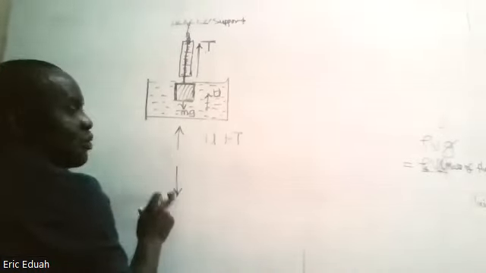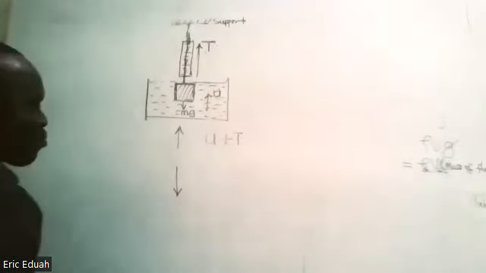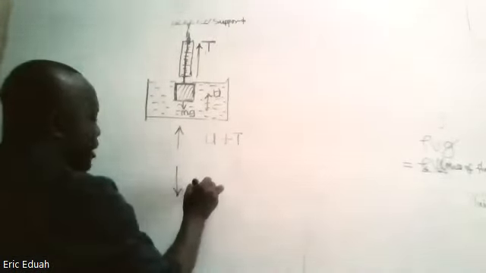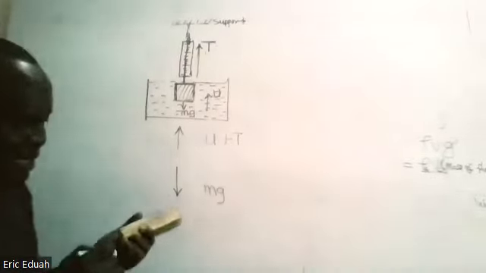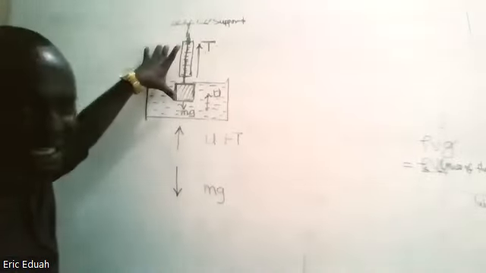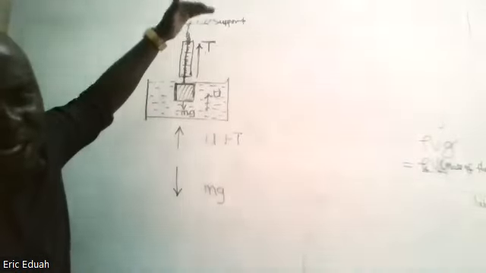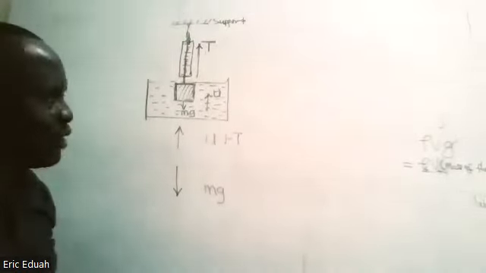And then what forces act downwards? The weight of the body, mg. Now once the system, when suspended in liquid, stays in equilibrium, then it means the total upward force is balanced by the total downward force.